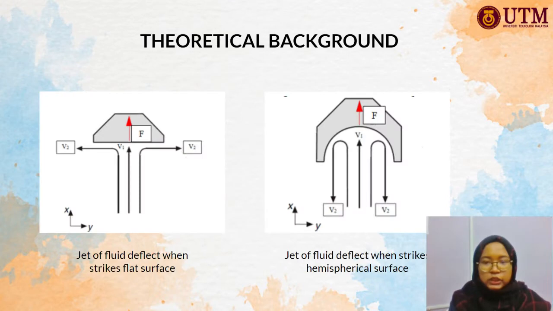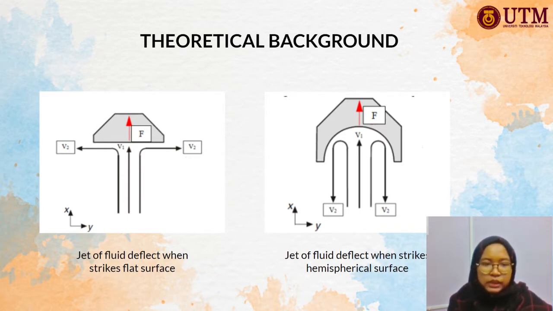Thank you. So now I will explain the theoretical background for this experiment. According to Newton's second law of motion, due to the change of momentum of the fluid, the jet of fluid will generate a force when impinging upon a flat plate or hemispherical surface.